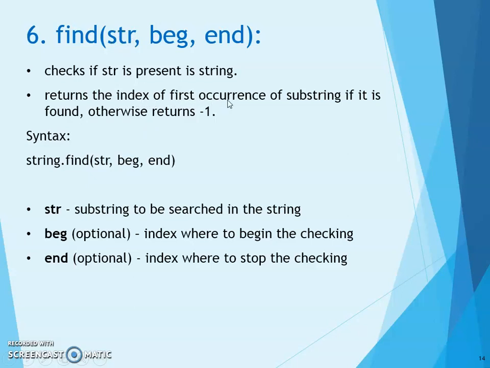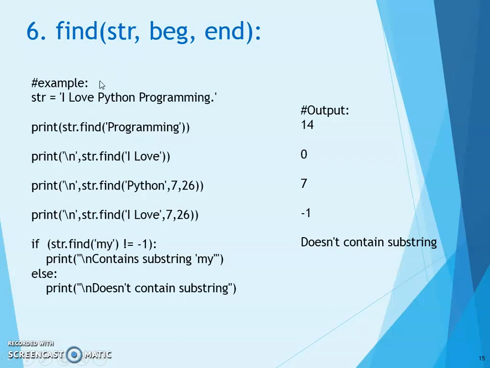If it is not found, then it will return -1. So str is the substring to be searched. Beginning and end are the indices where we want to start and where we want to stop the checking.